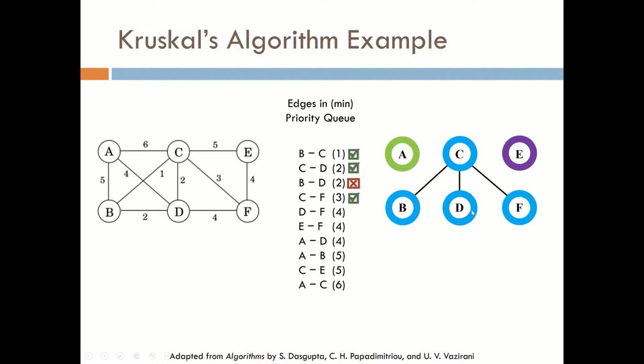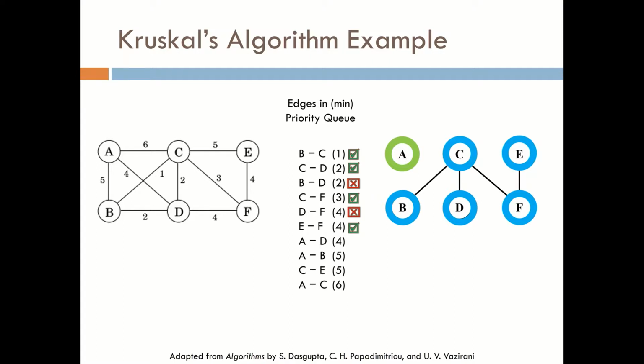You notice that D and F are in the same set, so we will reject that edge. The EF edge is the next edge to be considered, and E and F are in different sets. So we accept that edge and we union E into the minimum spanning tree set. You notice now that we're down to 2 sets.